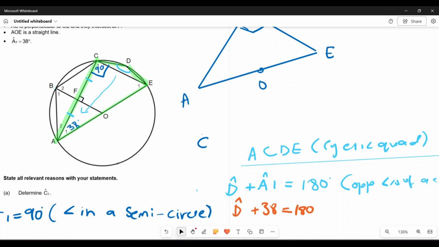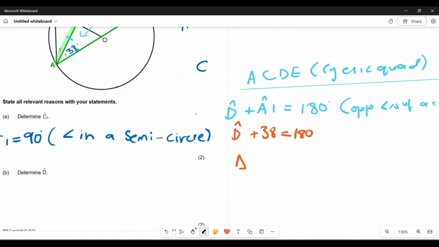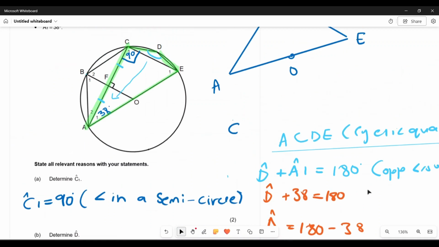So as a result, my D will be 180 minus 38. And punching that into my calculator, my angle D will be equal to 142 degrees. Right, so let me write that there. So D is 142 degrees.